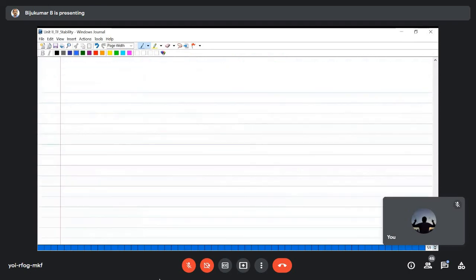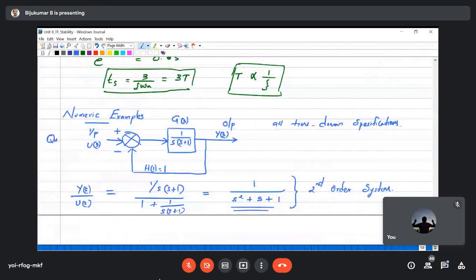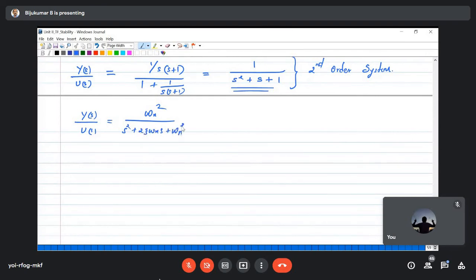So we know the plant transfer function. Now, in order to find the parameters, you can compare this transfer function with the standard form. We know the standard form of a second order system is omega n square divided by s square plus 2 zeta omega n s plus omega n square.